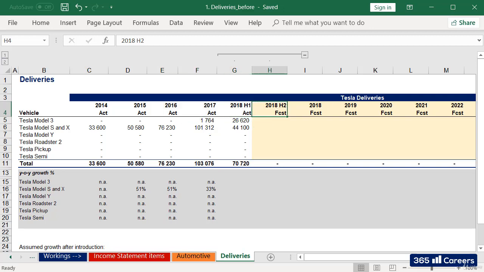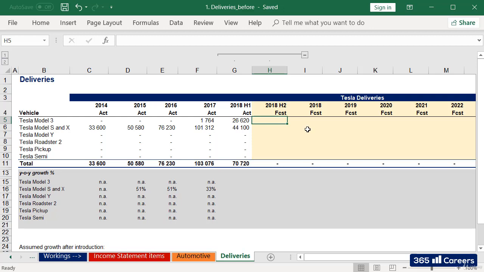All right, in the first half of 2018, Tesla delivered a total of 26,620 Model 3s. This is a good achievement considering that, for the second half of 2017, the company delivered only 1,764 Model 3 cars. In September 2018, it was reported that Tesla ramped up Model 3 production and started producing more than 6,000 Model 3 cars per week.